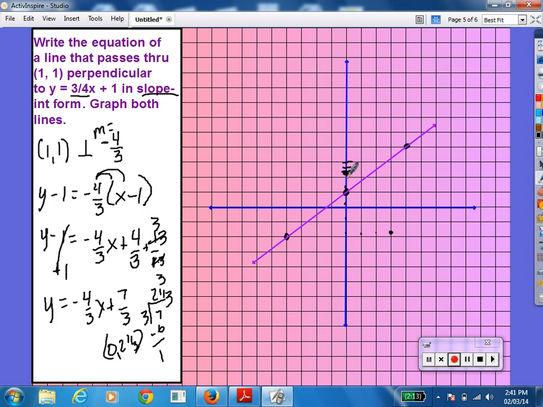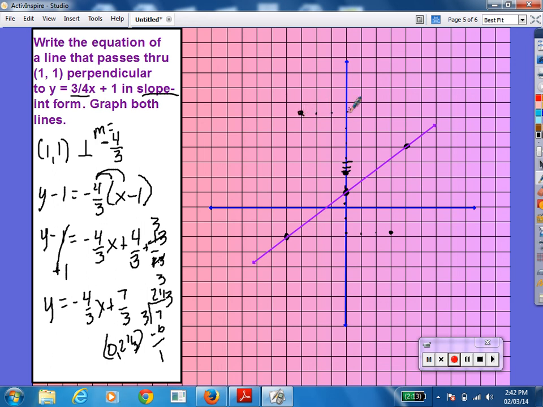So again, we're going from 2 and 1/3 to 1 and 1/3 to 1/3 to -2/3 to -1 and 2/3, right? 4, and we'll go up as well. So we'll go up to 1/3, and left 1, 2, 3.